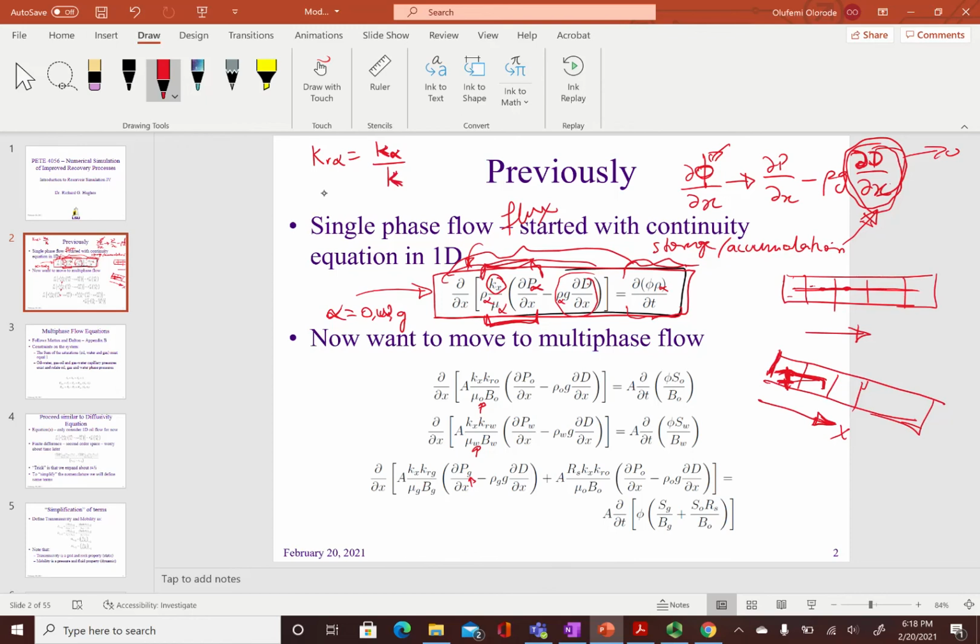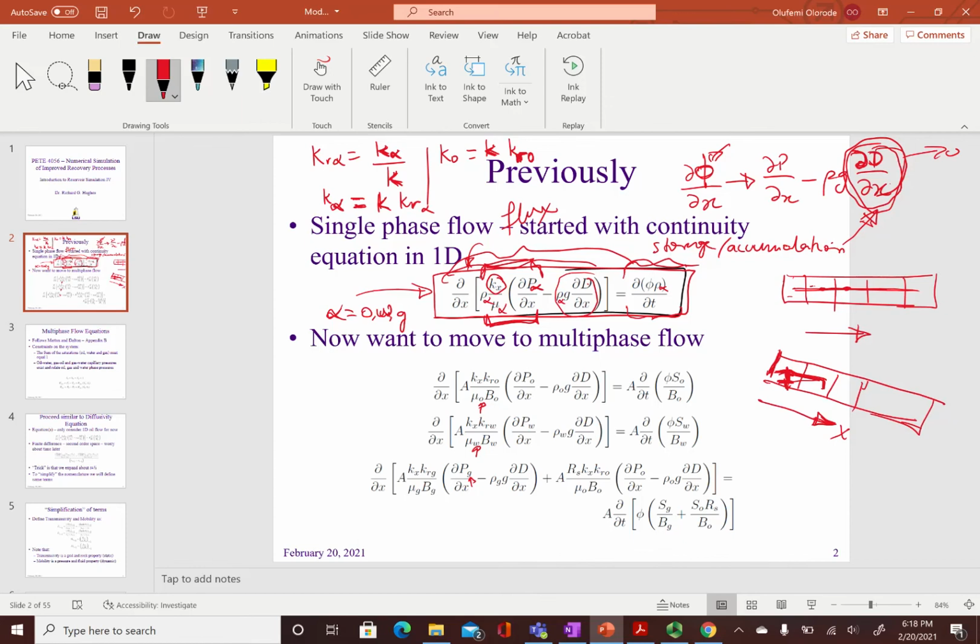So k of phase alpha, the effective permeability of a fluid alpha in the presence of other fluids, will be k k_r alpha. So if alpha is oil, k_o, which is oil permeability, will be the absolute permeability of the rock, multiplied by the relative permeability of oil.